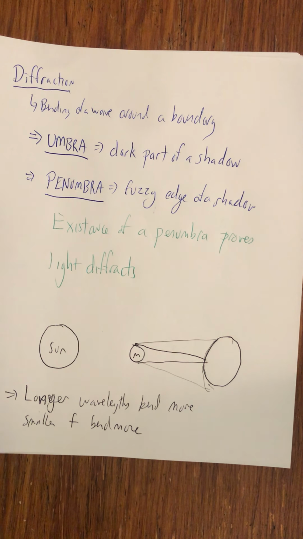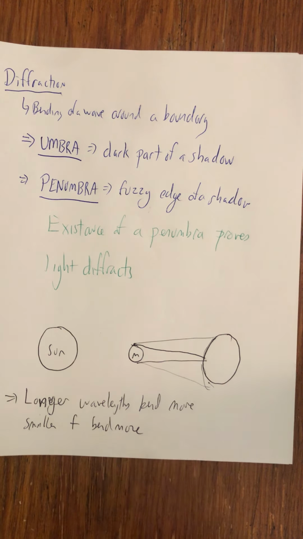So if you see a rainbow, that could be caused by either diffraction or refraction. And you know which effect it is, because if the red light is spread out more, that's diffraction. If the violet light is spread out more, that is refraction.